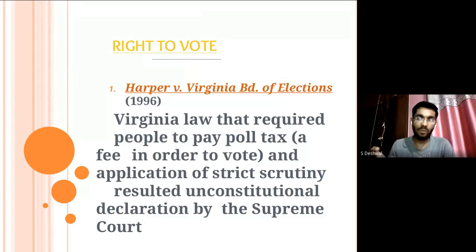So whenever your right to vote is burdened, it would face strict scrutiny, because right to vote is so fundamental in any democracy. So इसे आप कहीं भी एक छोटा सा लिख लीजिए.